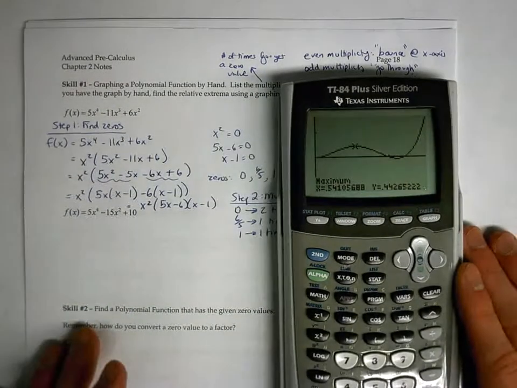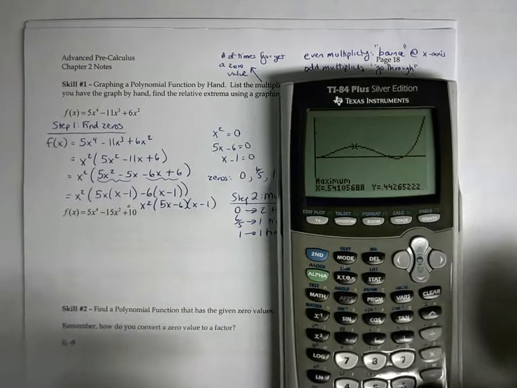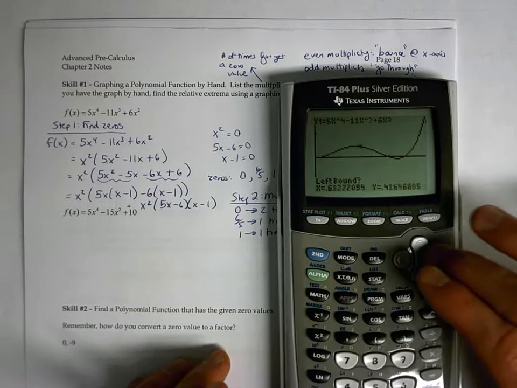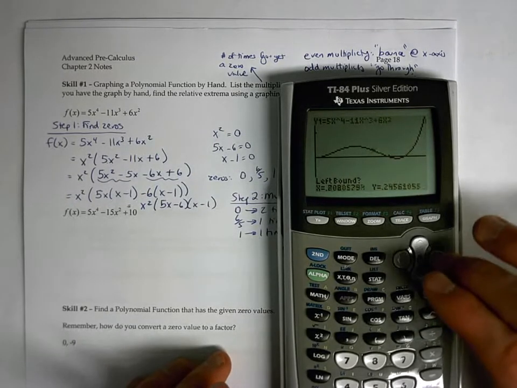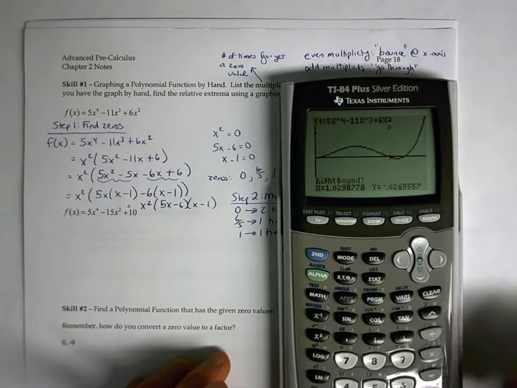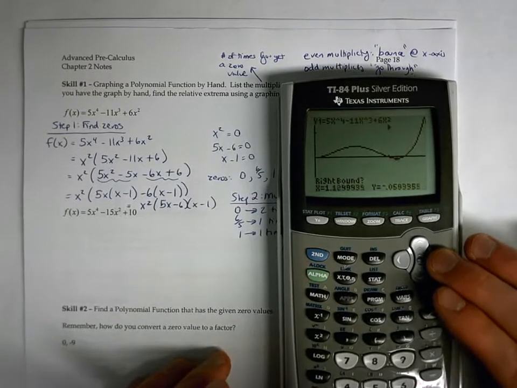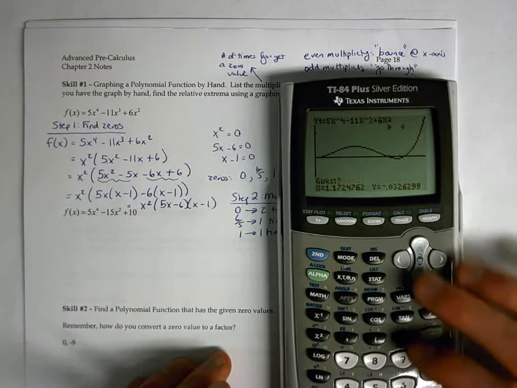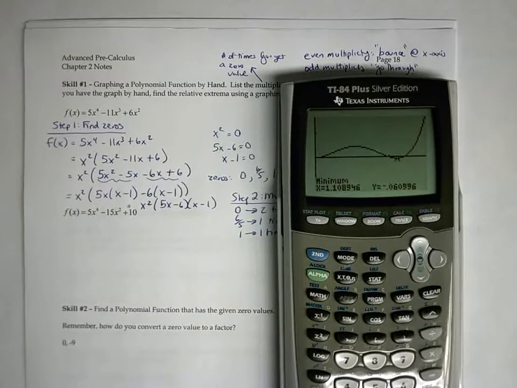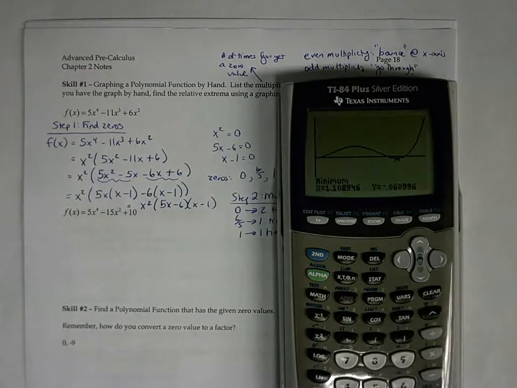And then we're going to do the same thing again now, finding the relative minimum right there. So go second calc, but this time we're going to choose minimum, and we'll scoot our way over. Right before the minimum, something to the left, hit enter. Choose a right bound, something to the right, hit enter. And then guess is where we think the minimum is.